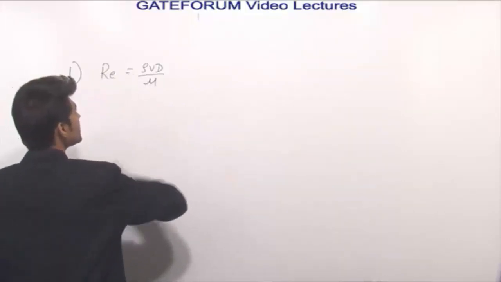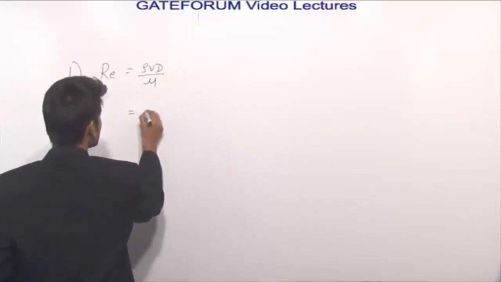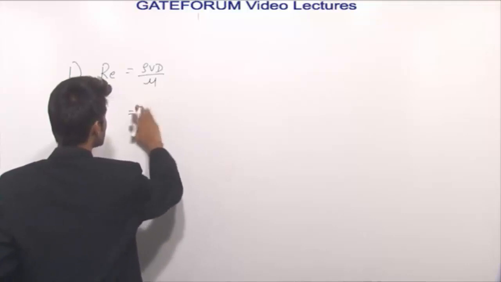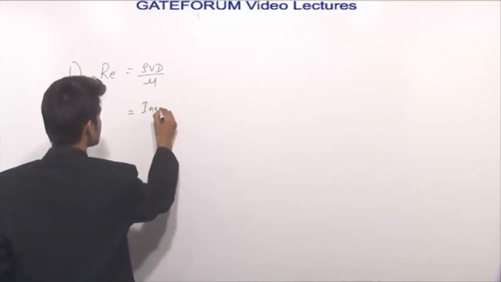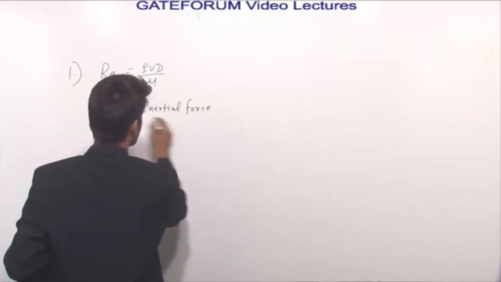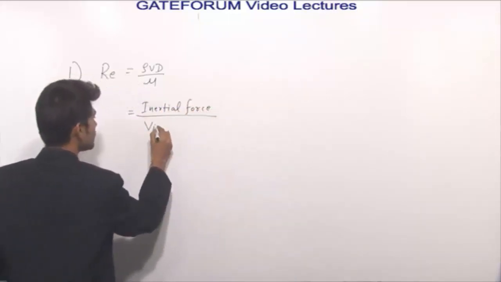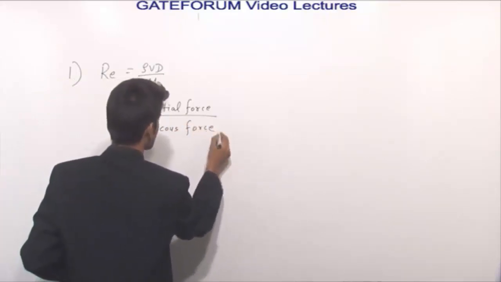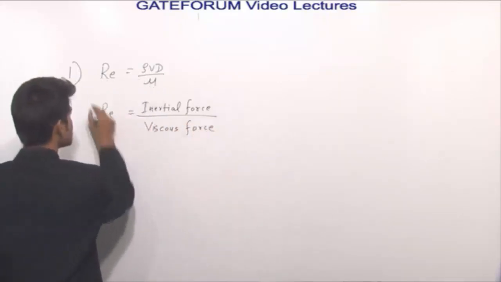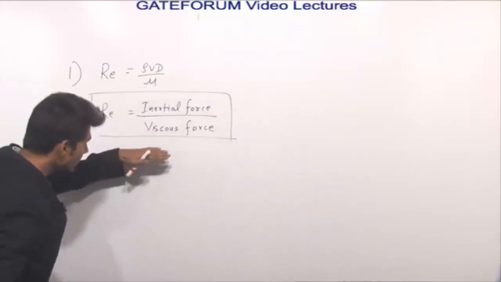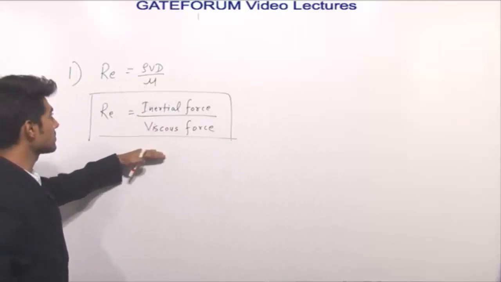It is nothing but the ratio of inertial forces to viscous forces. So Reynolds number is nothing but the ratio of inertial force to viscous force. It is the actual definition of Reynolds number.